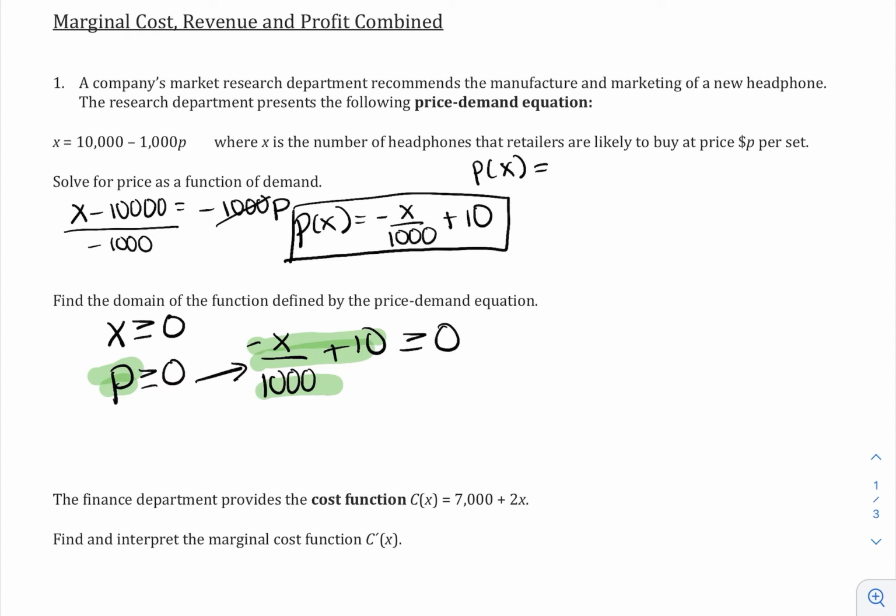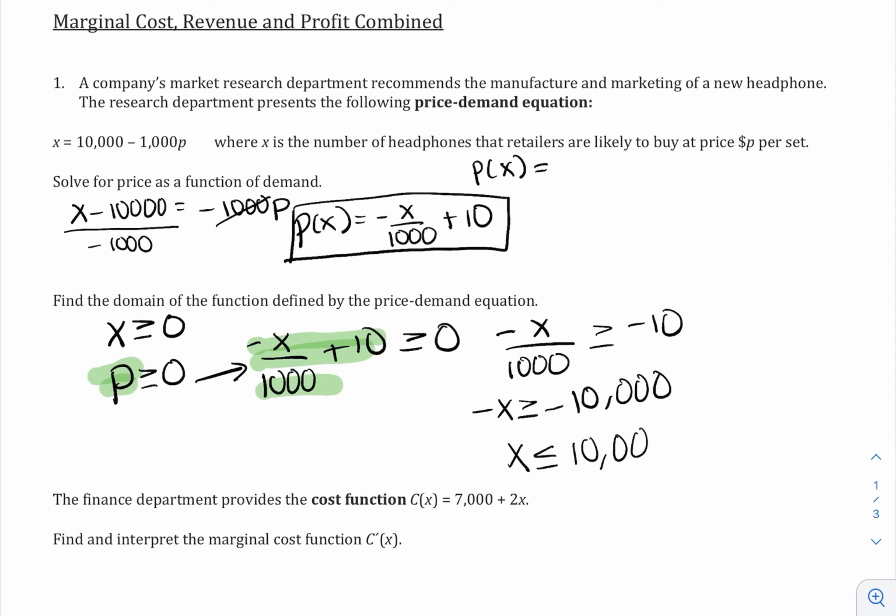So I'm going to subtract 10, multiply by 1,000, and then divide by negative 1. And in case you haven't seen this in a while, when you divide by a negative number, you change the inequality symbol. So it gives me x less than or equal to 10,000.